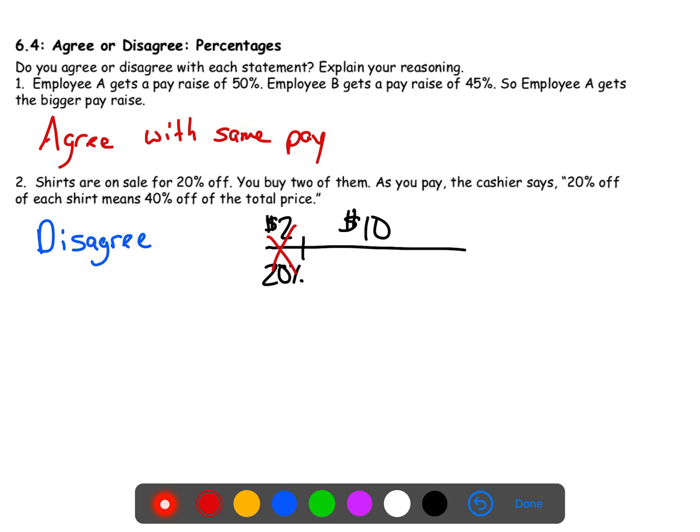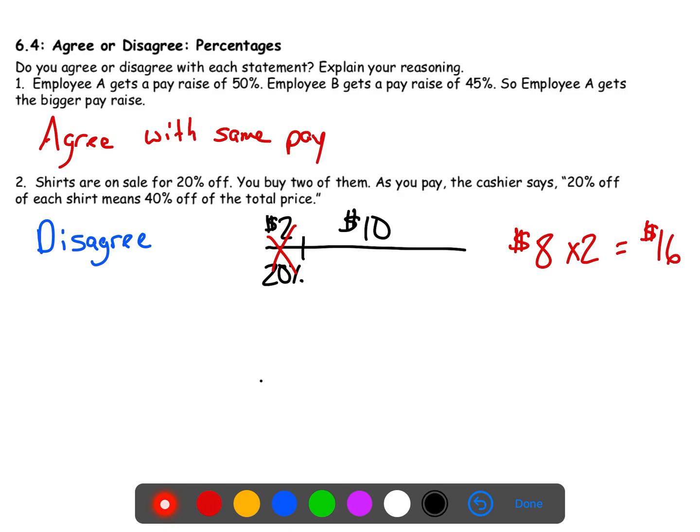The shirt is actually going to cost $8. And that happens twice because there's 2 shirts. But if the cashier takes 40% off the total price, let's write real quick. So that's for 2 shirts, so it's going to cost $16 for that.